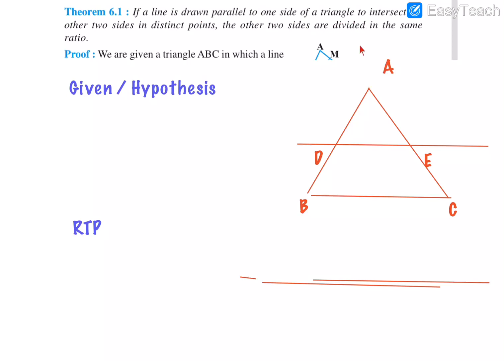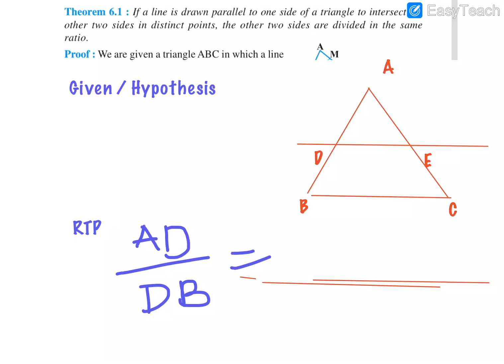What they are asking us to prove is how the line AD is divided, AD by DB, and how this side is divided, AE by EC. They're asking us to prove that these two are divided in equal ratio: AD by DB is equal to AE by EC.